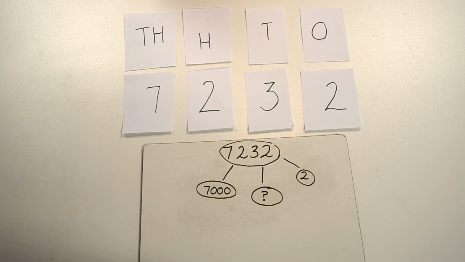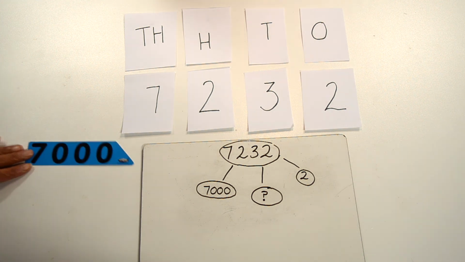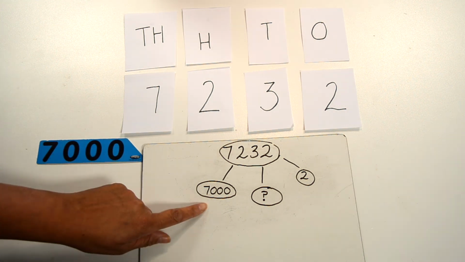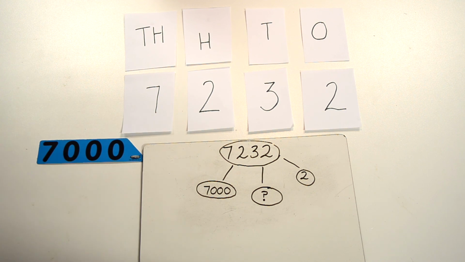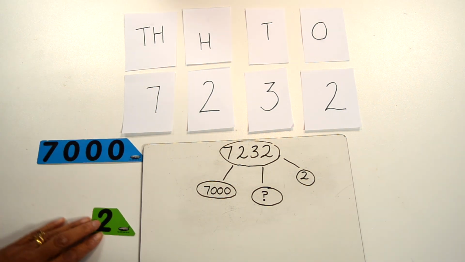Okay, let's have a look at what you found out. Using the place value arrow cards again, let's have a look at what we have. So we have our 7,000. We have our 2 ones.